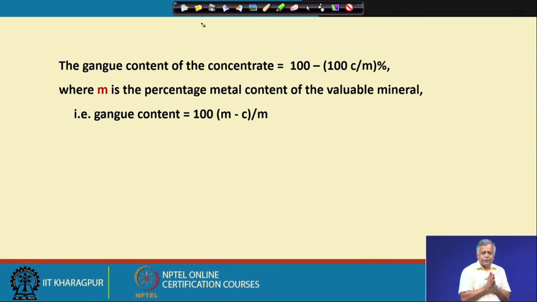The atomic weight of Fe is 55.85, but for calculation's sake, let us say it is 56, and oxygen is 16. So, Fe2 means 56 into 2, that is 112, and O3 is 16 into 3, that is 48. So, we get 160. So, you have 112 units of Fe out of a total of 160 units.